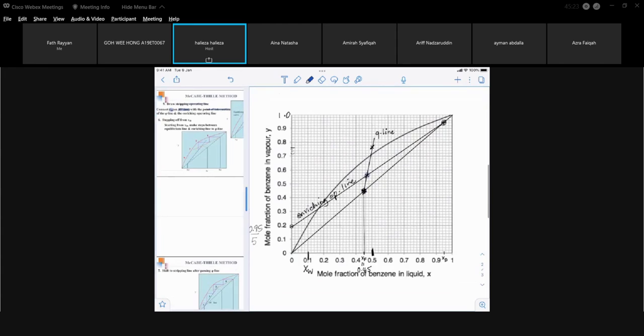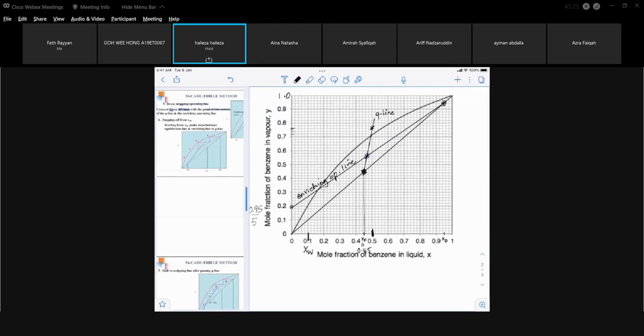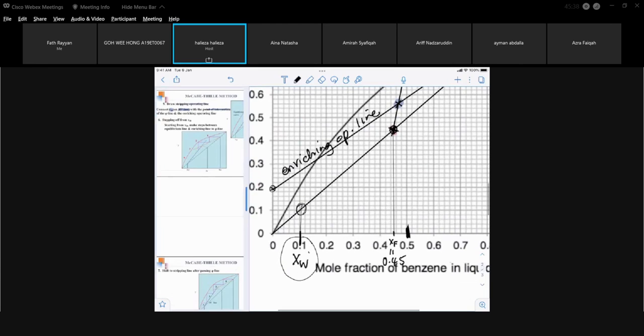The other point is on the value of XW, but on the 45-degree line. So if we extend that, that will be there. That's the point at the mole fraction of XW on the 45-degree line. So that's the point that you're going to use to get your stripping operating line. So you have one point on the 45-degree line.